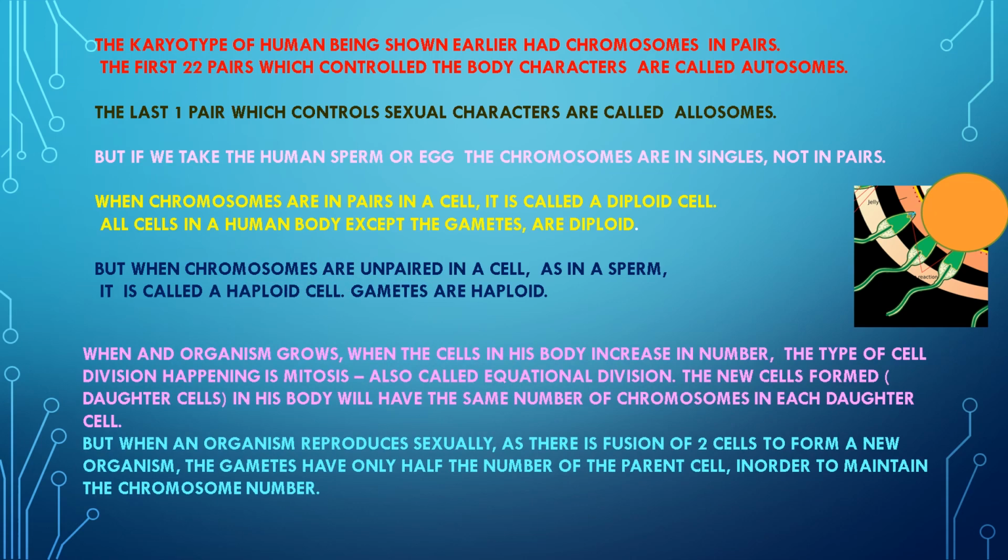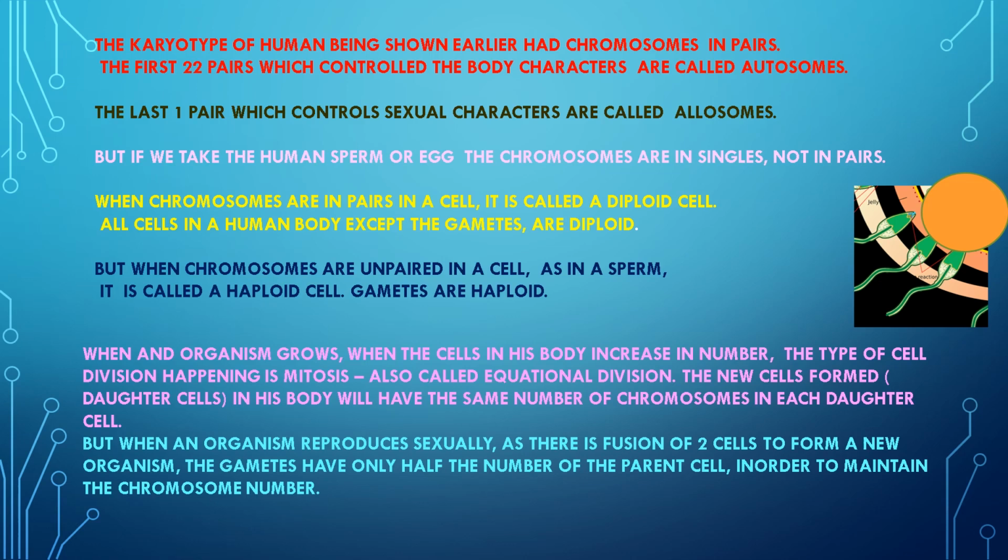Now, this unpaired set of chromosomes in any cell, that condition is called a haploid condition, or we can reword it. A haploid cell is a cell where the chromosomes are found in single sets, and diploid is that condition where the cells have chromosomes in pairs.